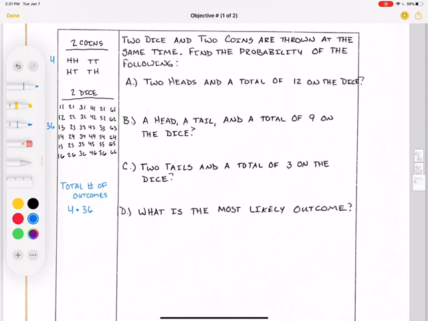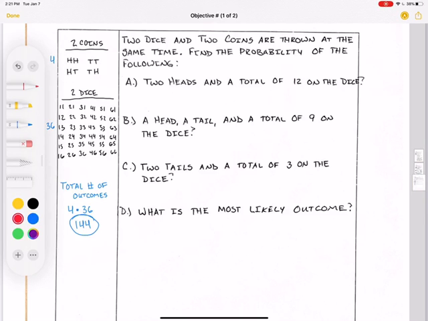This is going to give me 144 possible outcomes. Okay? So, I'm going to need to know that number when I'm talking about probability of some event. Okay. Now let's look at the first example.